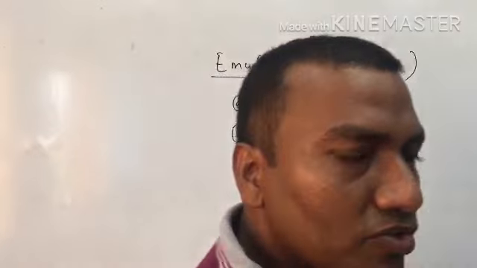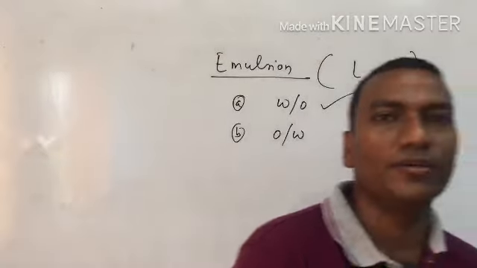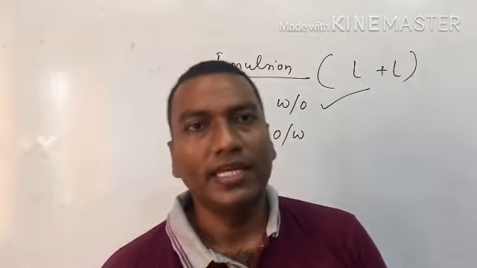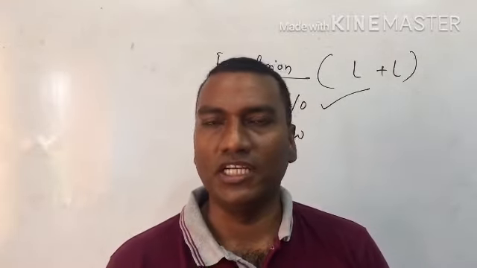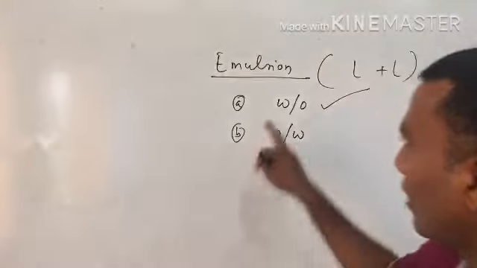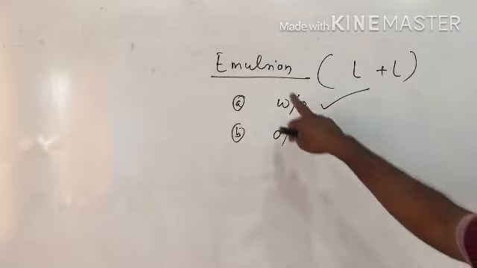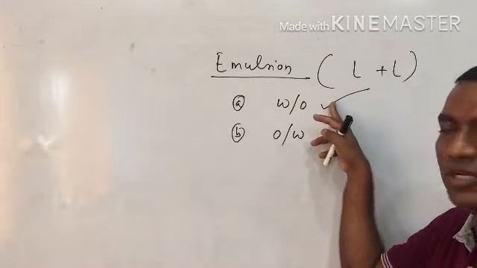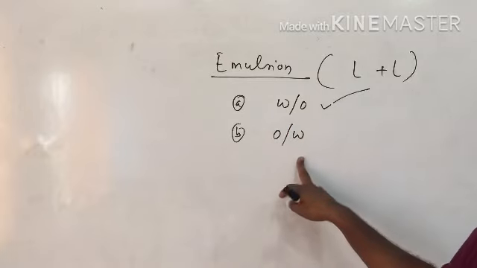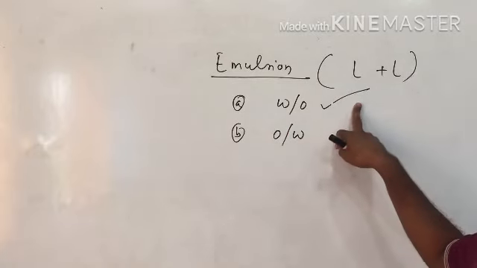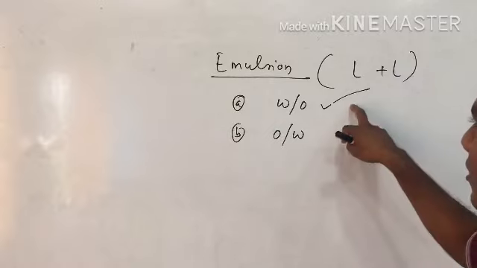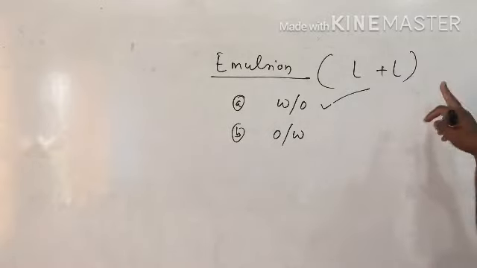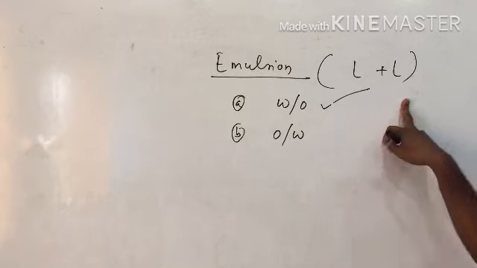So this is the meaning of emulsion. Again, an emulsion is a liquid colloidal solution of 2 types. In water in oil, water is the dispersed phase and oil the dispersion medium; in oil in water, oil is the dispersed phase and water the dispersion medium. Cream and butter are examples of the first; milk and vanishing cream of the second.